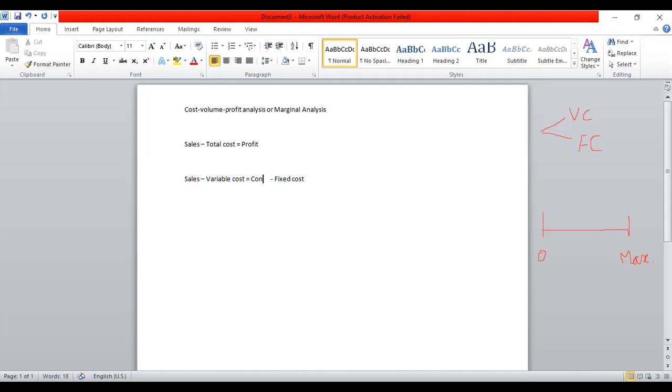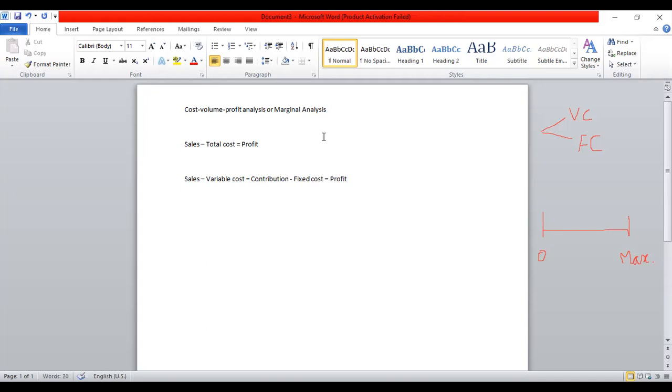There is a term which is given to this. It's called contribution. Sales minus variable cost is contribution. From this contribution, we recover the fixed cost. So after fixed cost is deducted from that, the resultant figure is the profit.